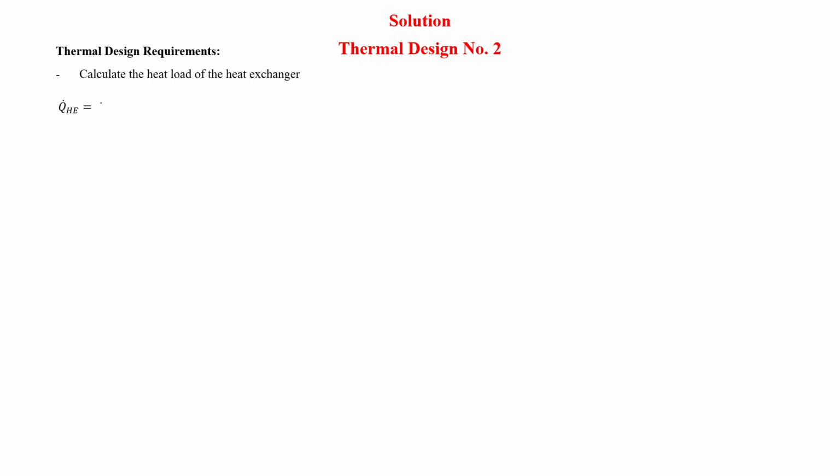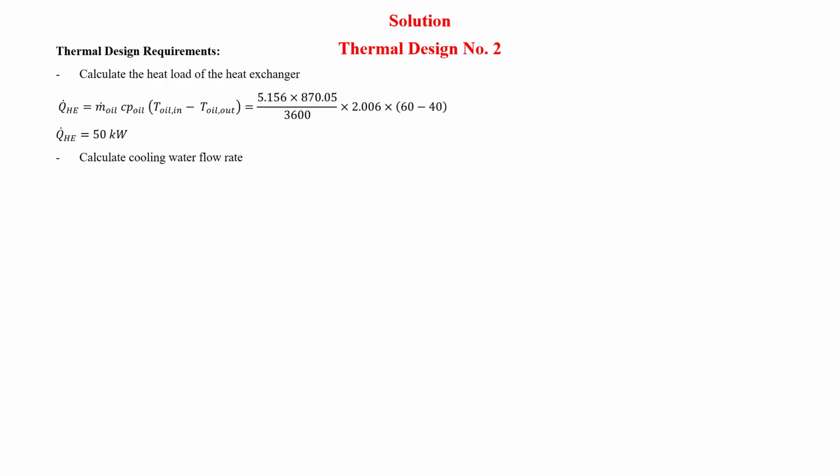The same procedure can be followed, that is to start with the calculation of the thermal load of the heat exchanger, and using the flow rate and temperature difference with the thermal properties, we will get the load to be 50 kilowatt. And then we need to calculate the mass flow rate of water.